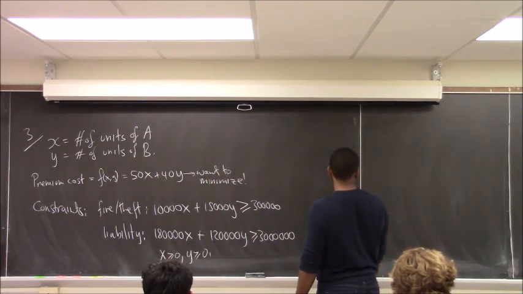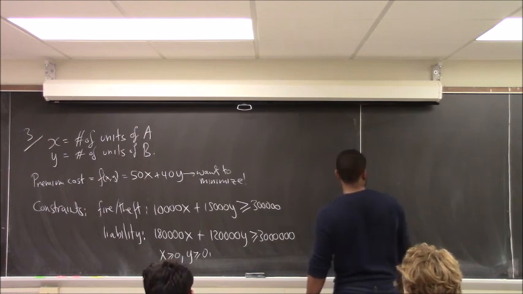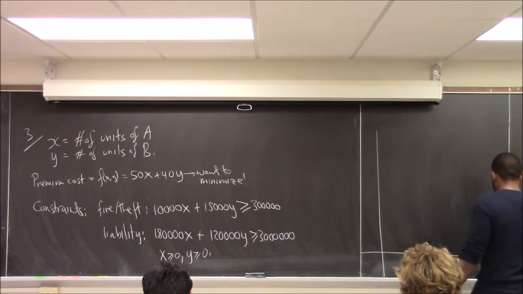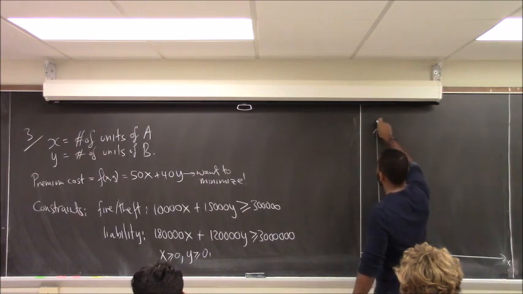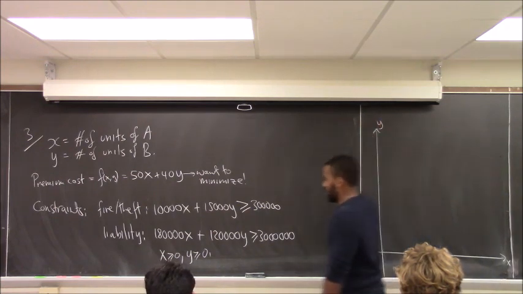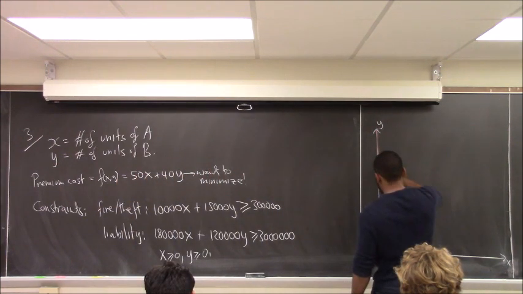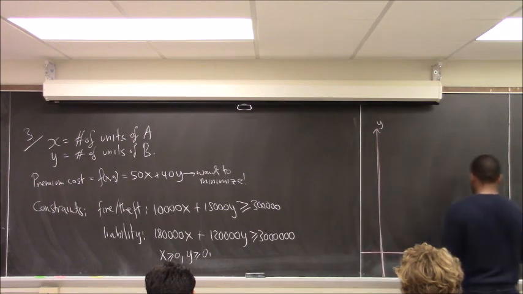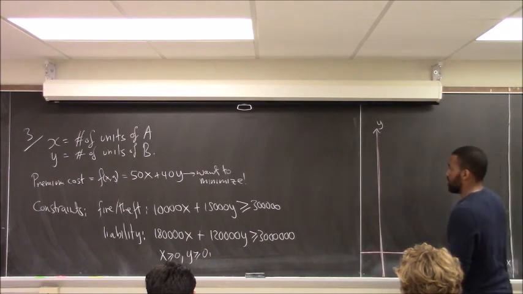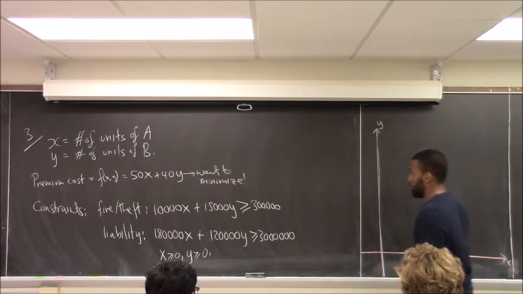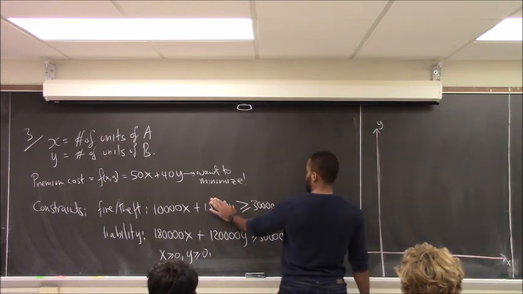So now we're going to figure out the diagram. If we look at x greater than 0 and y greater than 0, it's going to be those guys. In the first line, if I plug in y equals 0, x is going to be 300,000 divided by 10,000.